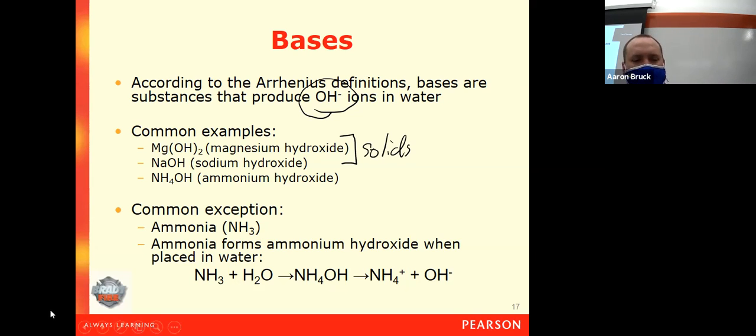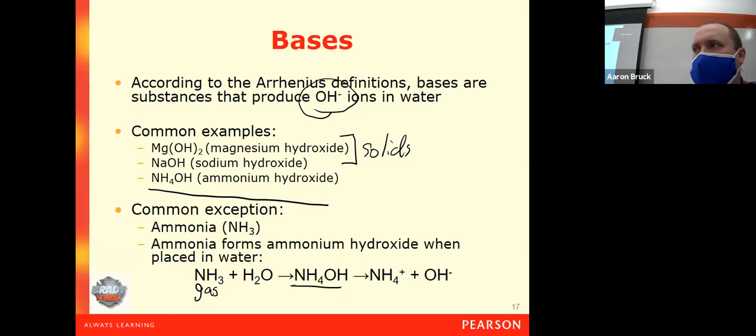Ammonia's reaction is a little bit more complicated. Like I said, remember, ammonia is a gas. And so when it reacts with the water, it's going to form ammonium hydroxide, which is one of the bases that I give up here. And it's the ammonium hydroxide that will ultimately split into the ions.